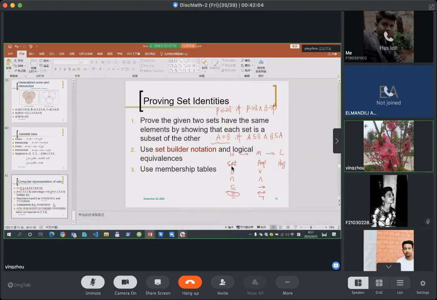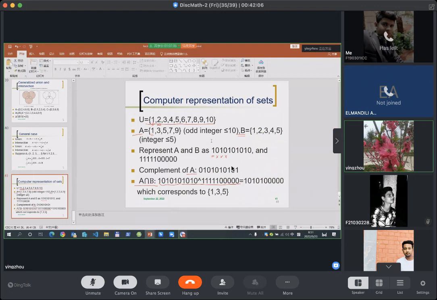And from this membership table, we can also understand why the computer does its set operations. That means the set operation in the computer is just translated into a logic expression or logic operation, and based on the logic operation we compute this.